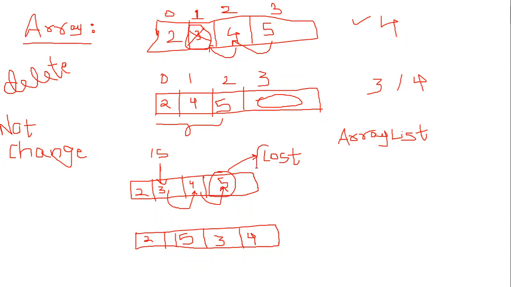First of all, our element will not be lost. And moreover, we will not be dealing with empty spaces, meaning wasted blocks. I will tell you now how the array list works. But as of now, are you able to see what problems we are facing in case of array, as I have explained now?